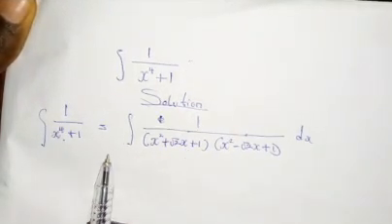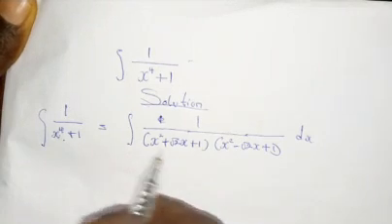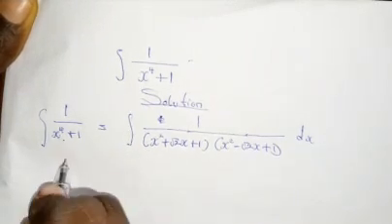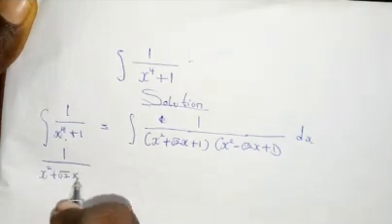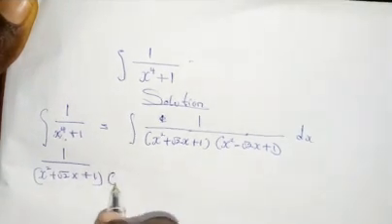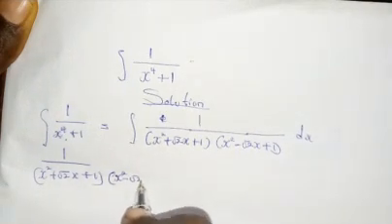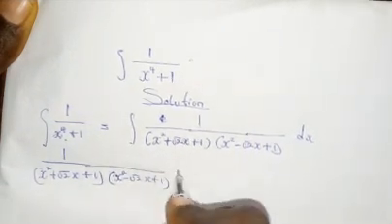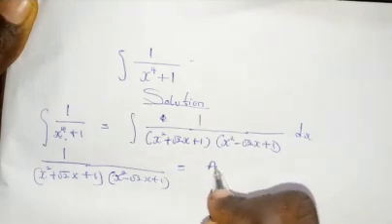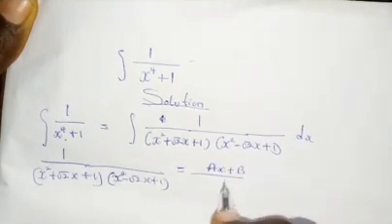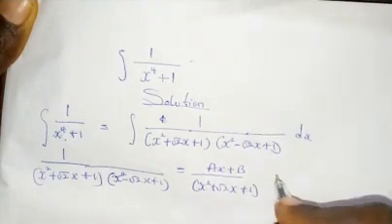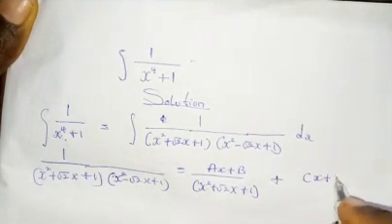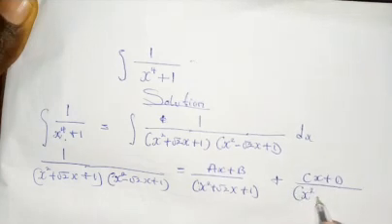Now, don't forget I said we are using the partial decomposition method. So when we are to solve the partial fraction, we are going to have 1 over (x squared plus root 2 x plus 1)(x squared minus root 2 x plus 1). This is equal to (ax plus b) over (x squared plus root 2 x plus 1) plus (cx plus d) over (x squared minus root 2 x plus 1).